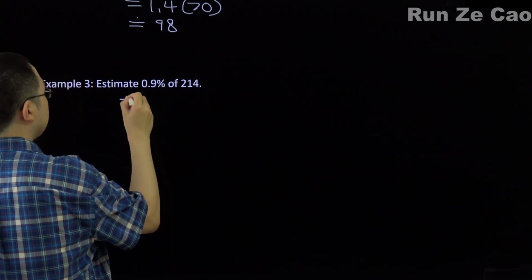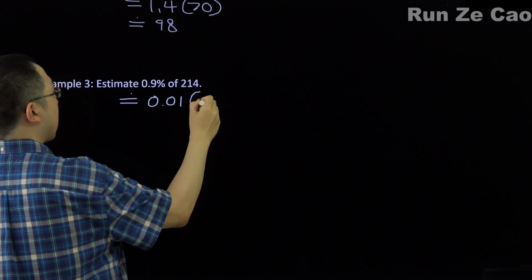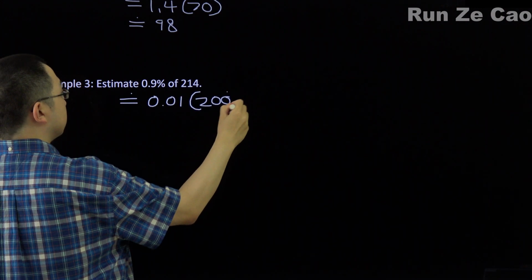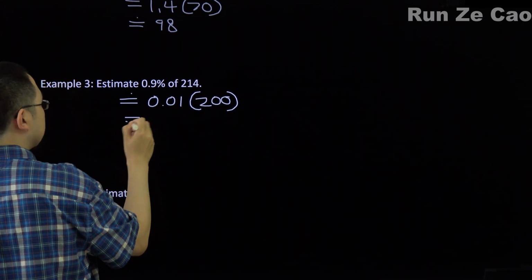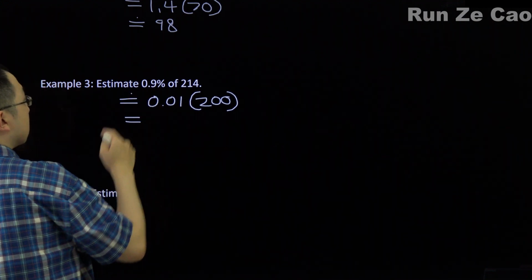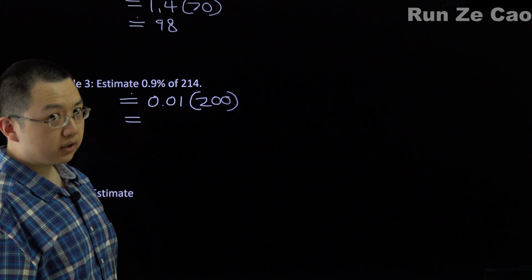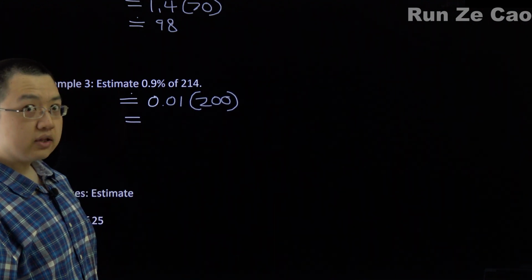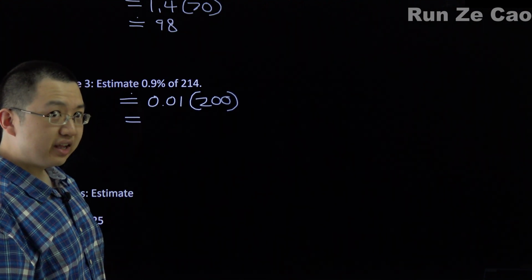Well, you're going to be dealing with approximately 1%, so 0.01 times 200. You rounded the other one as well here, because proportionately, you're rounding by a lot. Like 0.9% to 1% is 1/9 the difference. That's a lot.